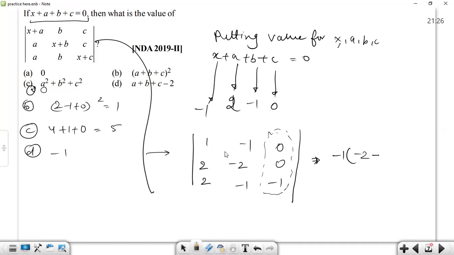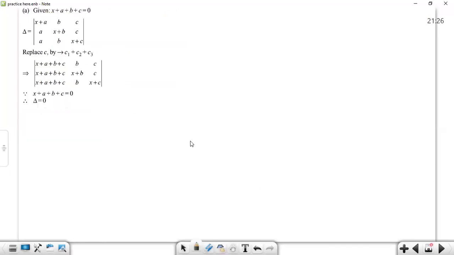Minus 1 into 2 is minus 2, and when multiplied with this becomes positive. This gets cancelled and the determinant becomes 0. Now B option is not matching, C option is not matching, D option is not matching, only A option is matching. So A is the correct answer.